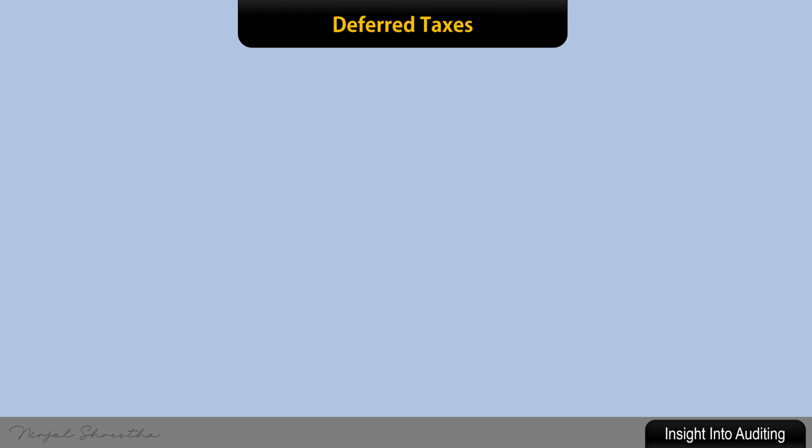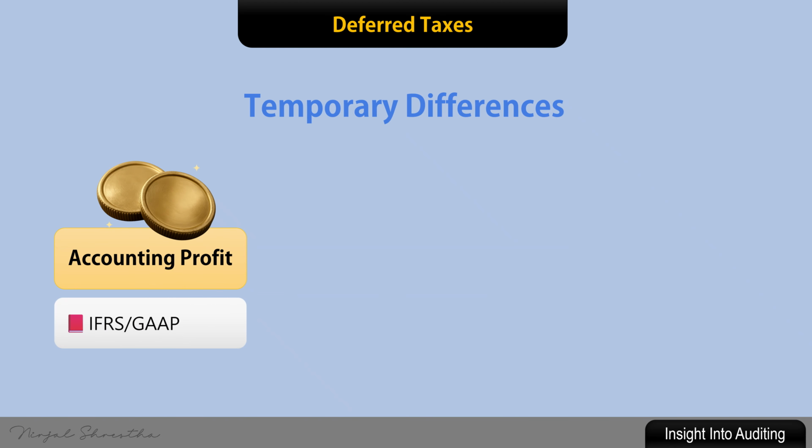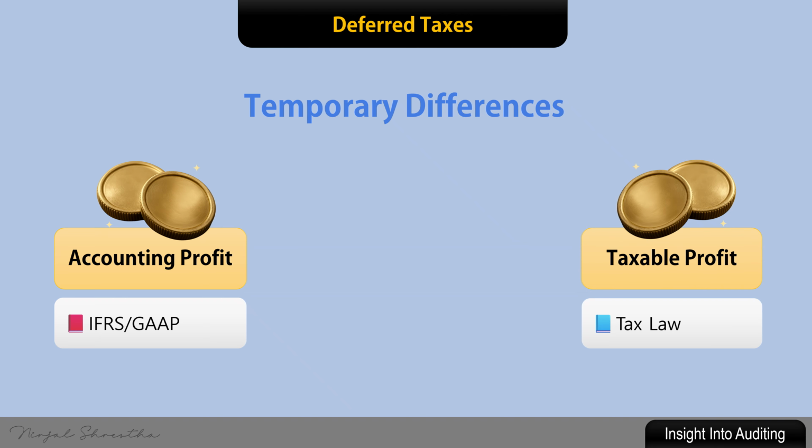The heart of the deferred tax puzzle lies in something called temporary differences. Simply put, accounting rules often differ from the tax laws set by the government, especially when it comes to when certain revenues or expenses are recognized. Think about depreciation. Accountants might use one method for financial reporting, while tax authorities may require another for tax purposes.